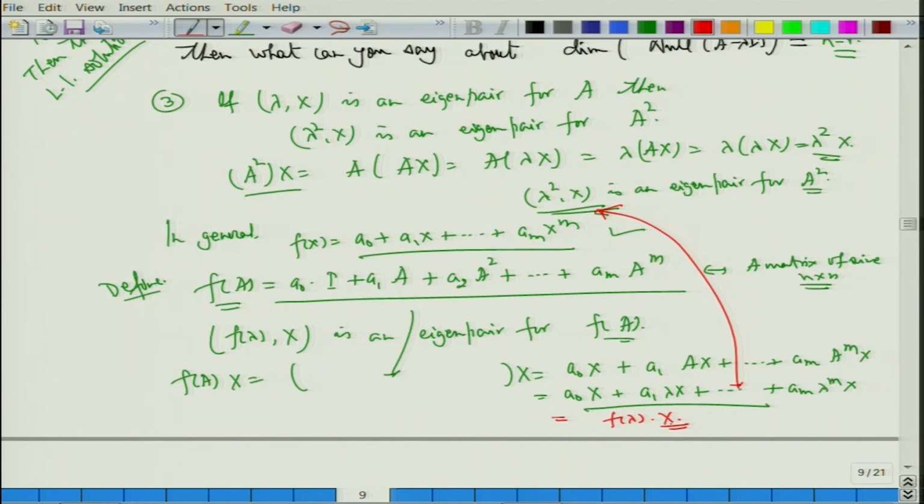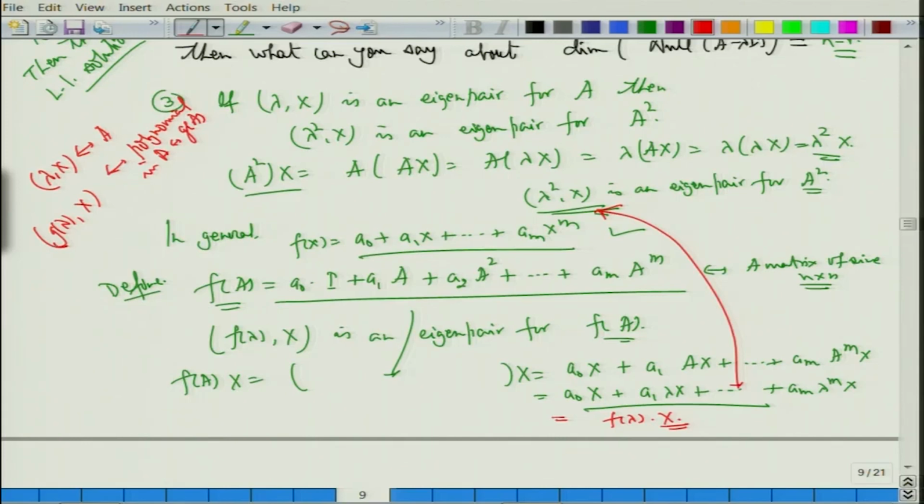So, whenever I have lambda comma x, an eigenpair for A, I can look at any polynomial in A, and then correspondingly I will get eigenvalues and eigenvectors. So, if I am taking polynomial g of A, I will have g of lambda and x as an eigenpair, fine.